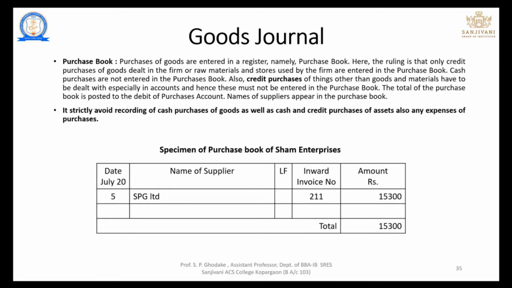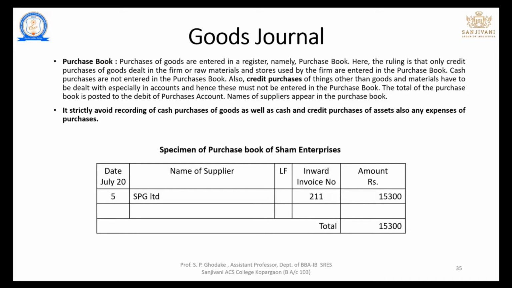Cash purchases are not entered in the purchase book. Also, credit purchases of things other than goods and materials have to be dealt with especially in accounts, and hence these must not be recorded in the purchase book.